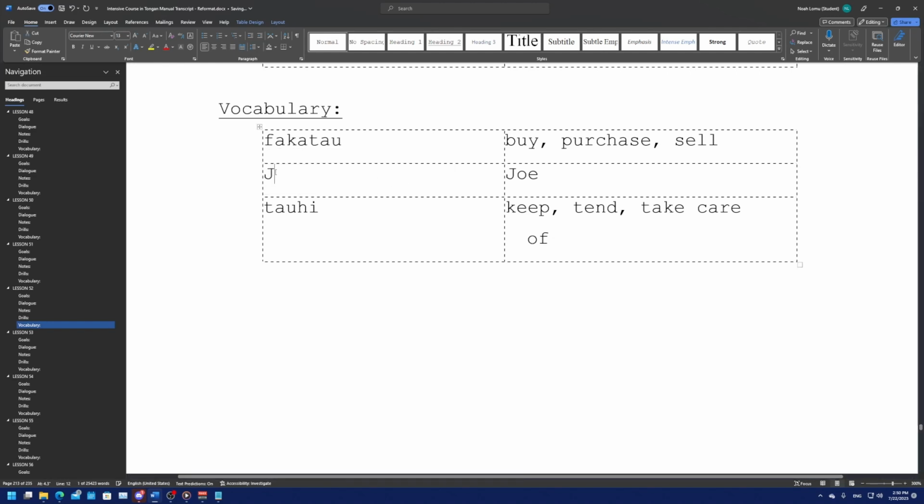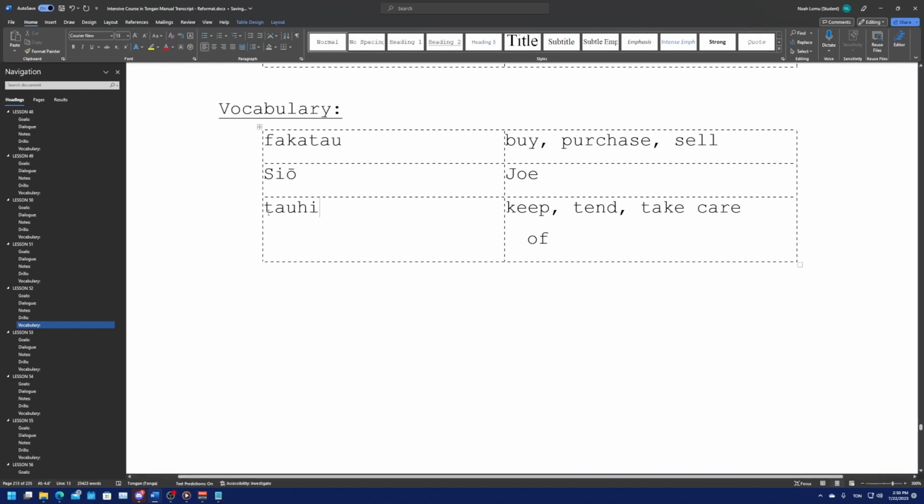And Jesus used to be written this way, but then it got changed to this with a long I. So the J got turned into SI, and then these two got combined into one, and that's why it's Sio.